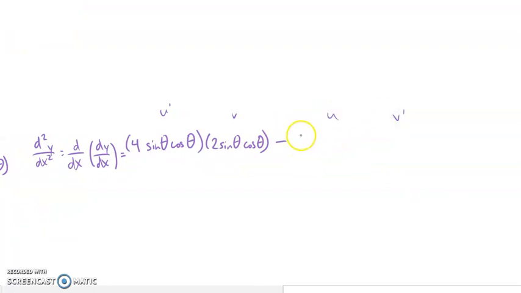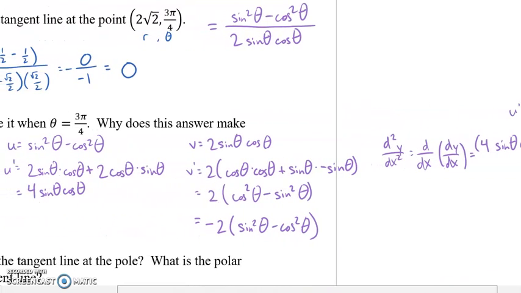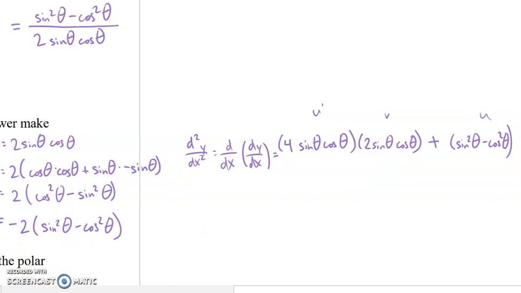Well, u was equal to sine squared of theta minus cosine squared of theta, sine squared of theta minus cosine squared of theta. And then v prime is negative 2 times the sine squared of theta minus the cosine squared of theta. So times a negative, it's going to be negative times negative, so that's going to change that negative to a positive. I'll have the 2.